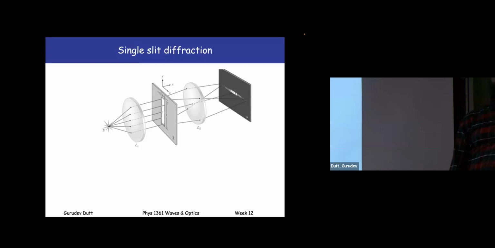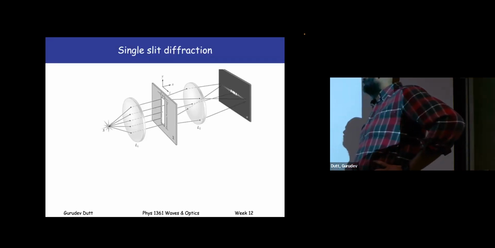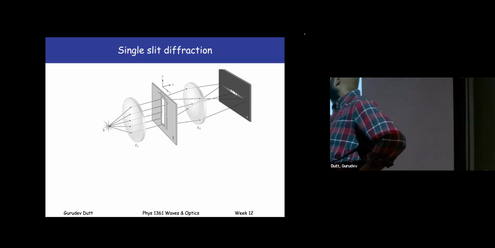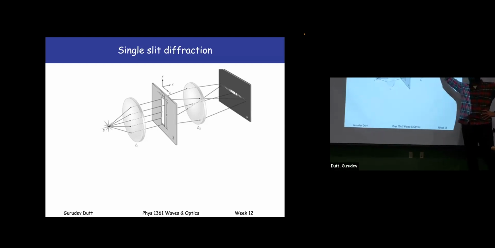Okay, so now we'll go to single slit diffraction. The idea of single slit diffraction is, well, we can see that there are many sources. If I were to approximate along the y-axis, so the slit is along the y-axis, it has a length small l, which is very large, much larger than a wavelength.